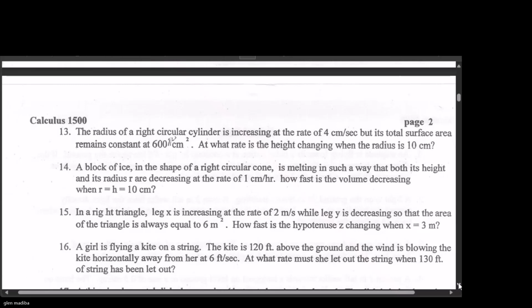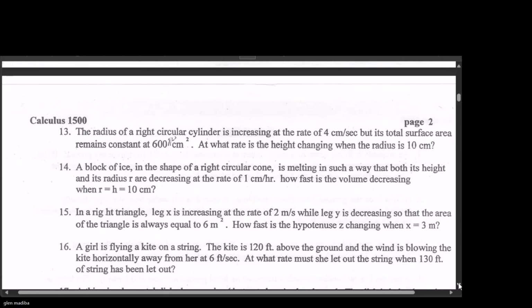Okay, so what I did is I used Pythagoras. I differentiated the formula for the theorem of Pythagoras before finding x.